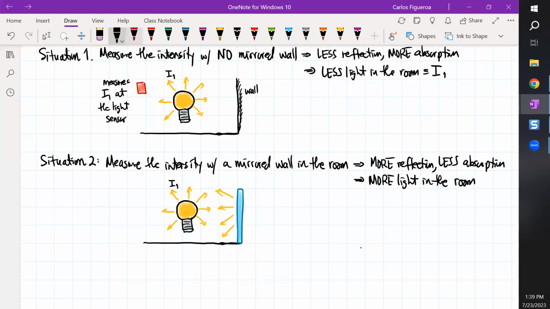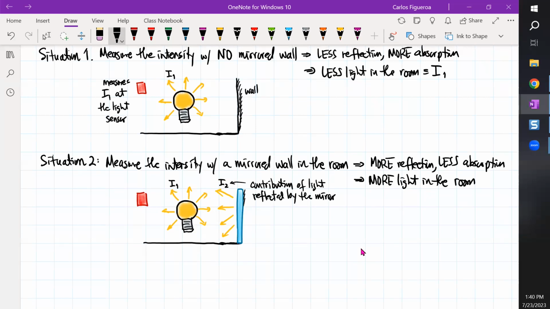So the question is, how much more light? Well, again, I have my light sensor right here, but now there are two sources of light. There's the intensity due to I1, but now I also have this new light source, I2, and this is the contribution of light reflected by the mirror.